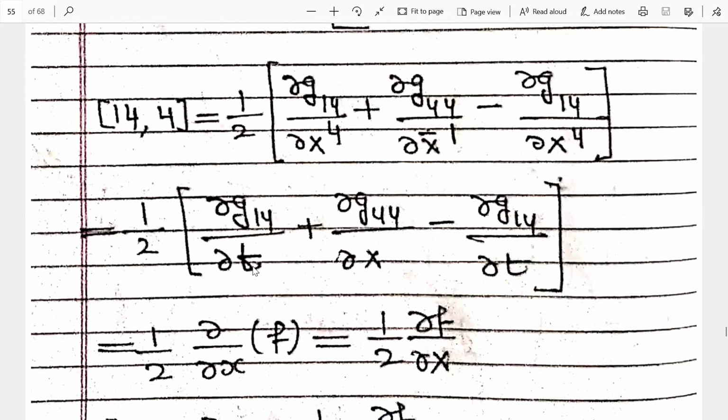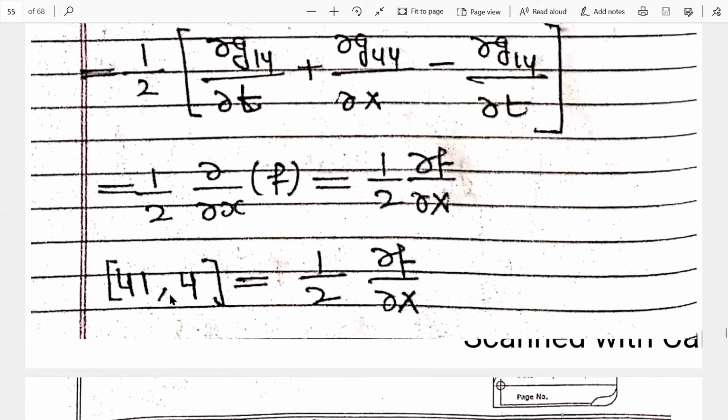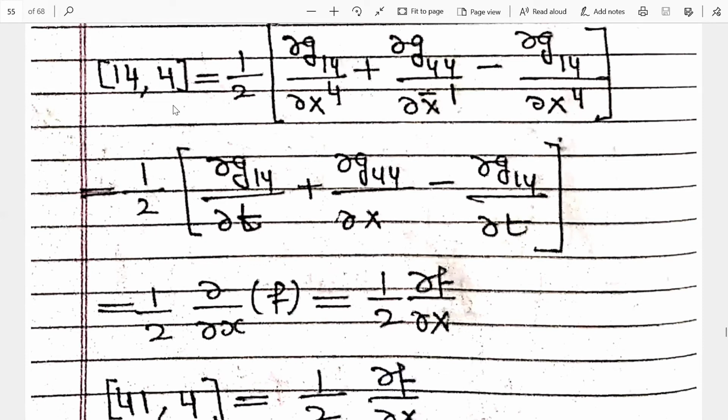Then this value will be 0, and g44 is f. Only the diagonal entries are non-zero, the others are zero. So this will be zero, this will be zero. So we only get this result, 1 by 2, curly f by curly x, right? So similarly, [4 1, 4] is [1 4, 4], because it is symmetric in nature, which we will prove later.